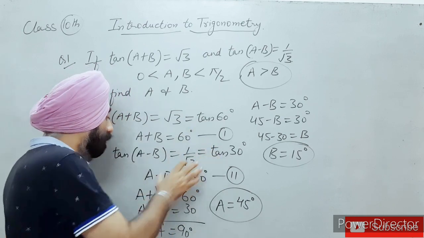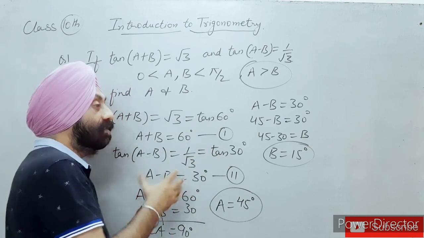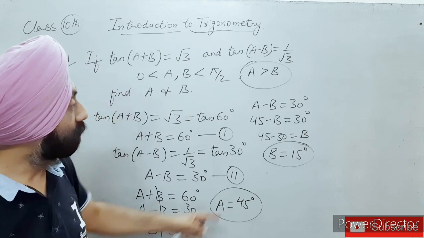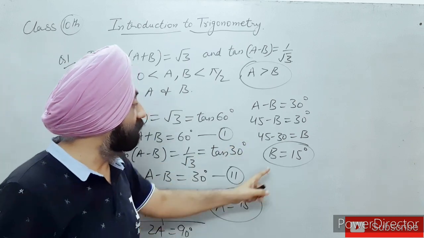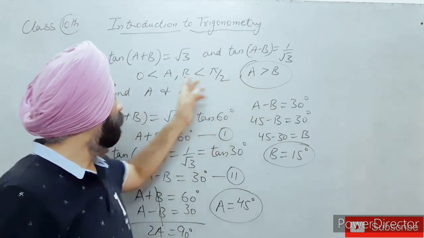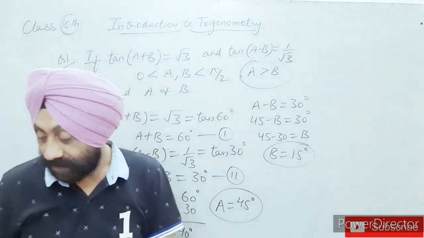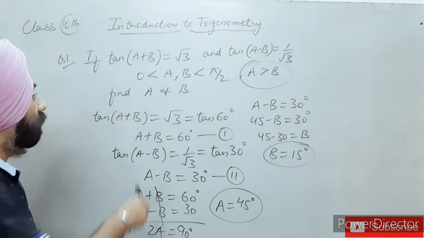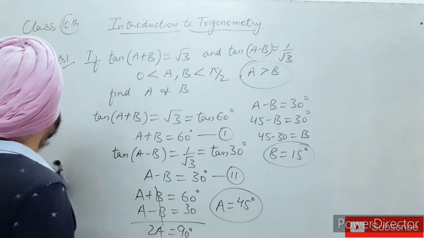Put these values, you get two simple equations, solve them for A and B. You get A equals 45 degrees, B equals 15 degrees. This is how we do these kinds of questions.